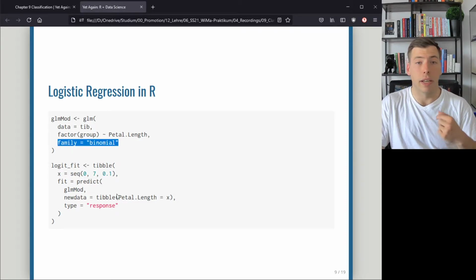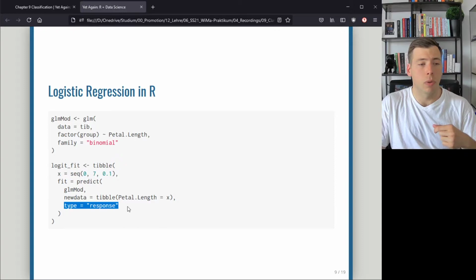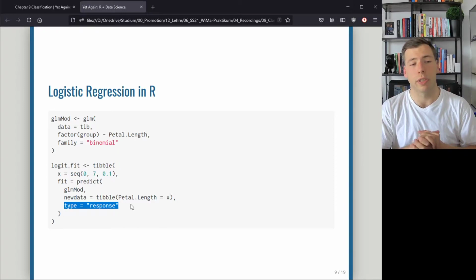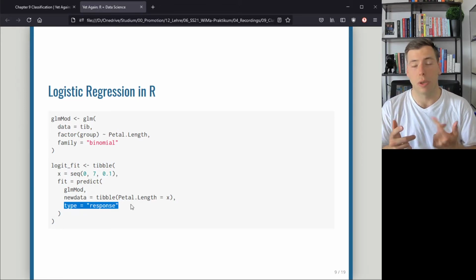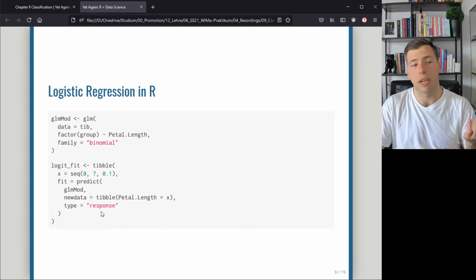And then, as with the linear models, you can use the function predict to calculate the fitted values. The only difference here is that you have to state whether you want to get the response or want to get the link, the corresponding link values. So you have a link function and response function. You can state the fitted values using either of those two. And this is why here you will have to say, I want to look at the response.